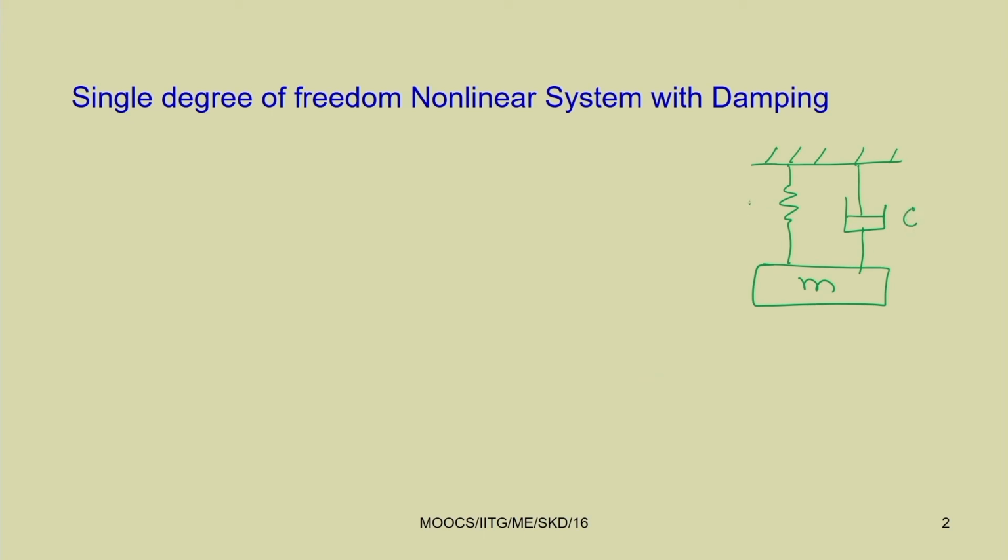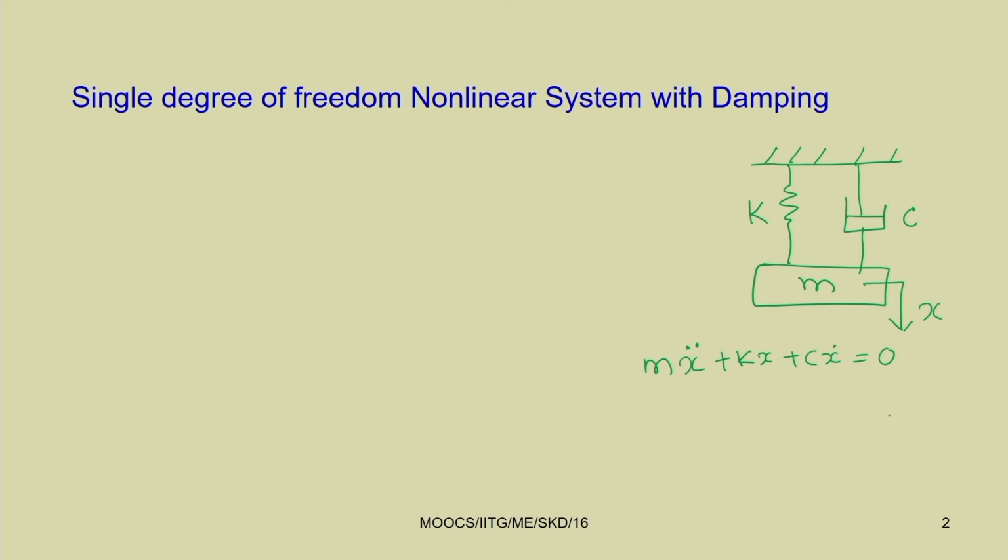So, this is C, this is K. If this is x, then it can be written as m x double dot plus c x dot plus k x equal to 0 for the free vibration, and for forced vibration some forcing term can be given.